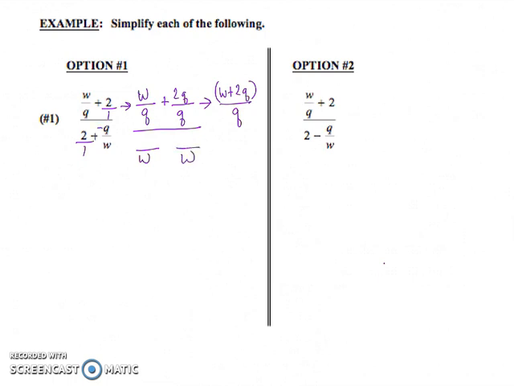I changed the 1 into w, so I'm going to have to multiply the 2 times w, so that's going to be 2w. And then w stayed the same, so that negative q is going to stay the same. So here on the top, I'm going to have 2w plus negative q as a family over w.